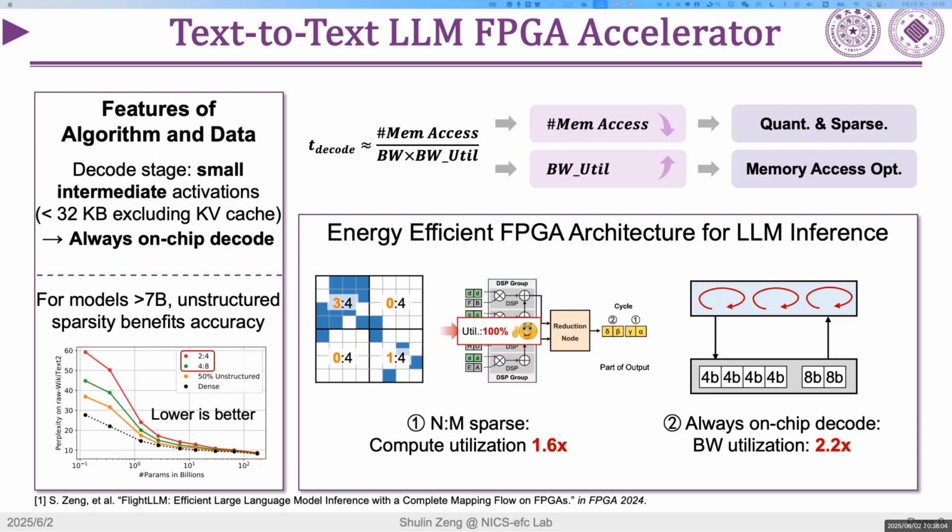So based on these 2 insights, the first thing we use is structured N:M sparsity so that we can develop a better structure to gain better compute utilization. On the other hand, we use an always on-chip decode so that we can store all the intermediate data, and also mixed precision to boost the bandwidth utilization.